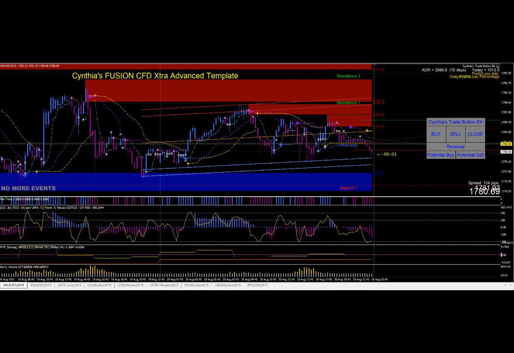These are all my favorite CFD trading instruments, and right now we're looking at the gold chart, and the CFD charts all open in 15-minute because I personally prefer to trade CFDs in 15-minute.